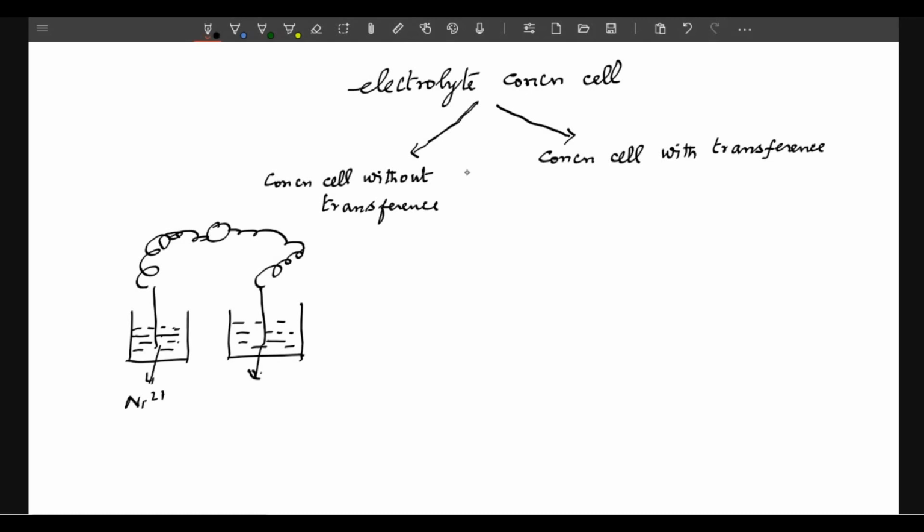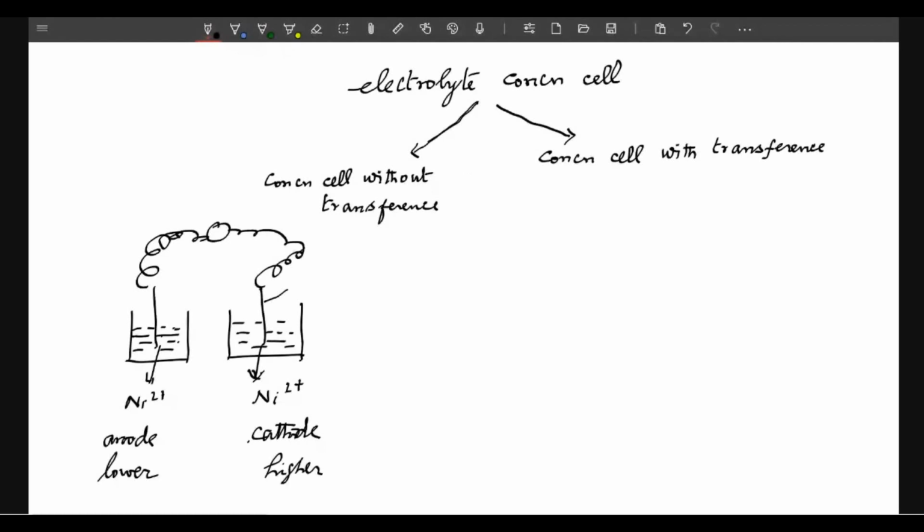How is it possible? It is stated that these two are pure metal. Then you can construct a concentration cell making use of the nickel 2 plus. Here, two different concentrations. In the anode side, the concentration of the nickel should be higher or lower than the cathode side? The anode side concentration is lower. Cathode should be higher, then only electricity will be produced.